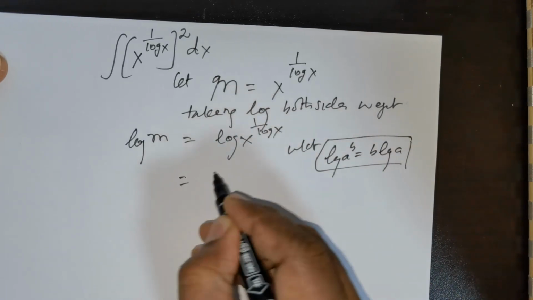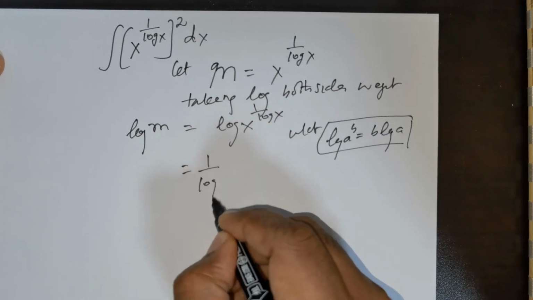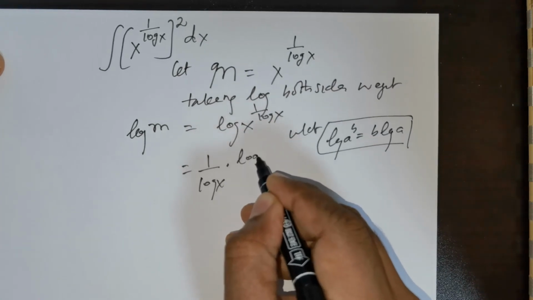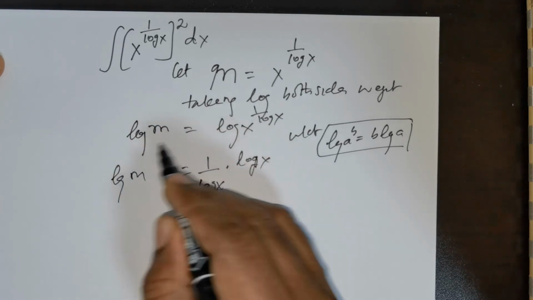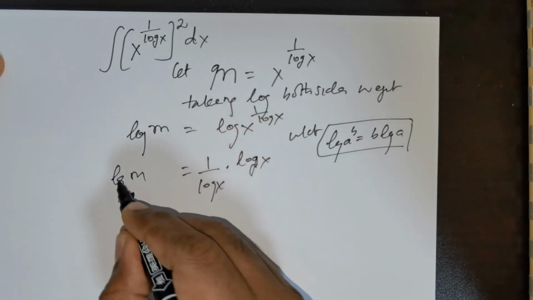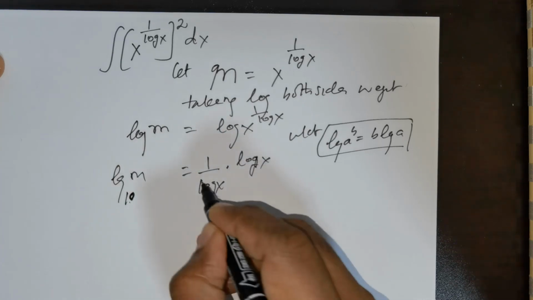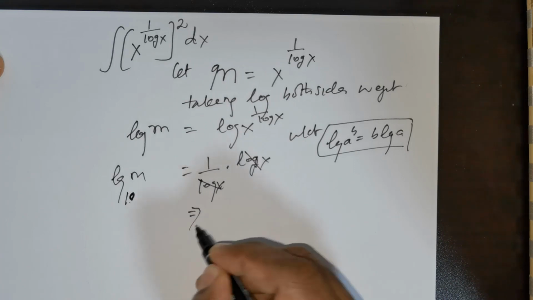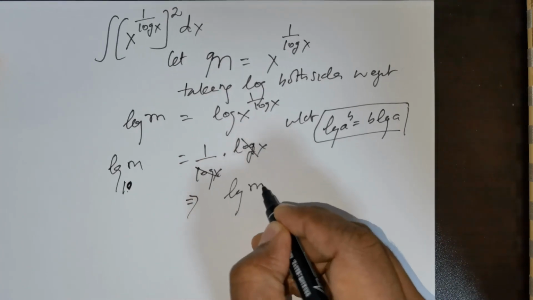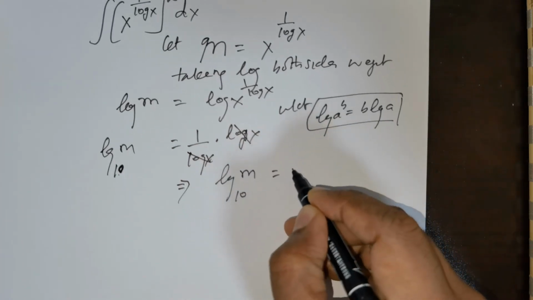So utilizing this, it is 1 over log x multiplied with log x, and this is equal to log m. Whenever we use log, it means we are using log to the base 10. Now log x and log x get cancelled. This means I have log m to the base 10 is equal to 1.